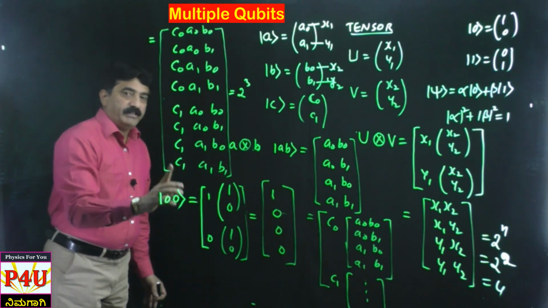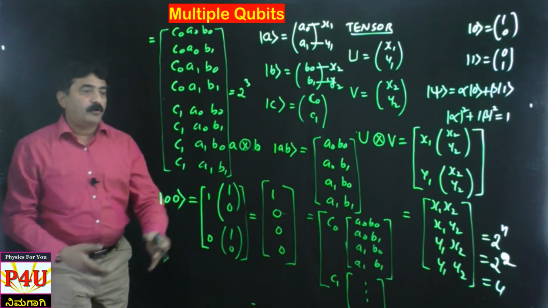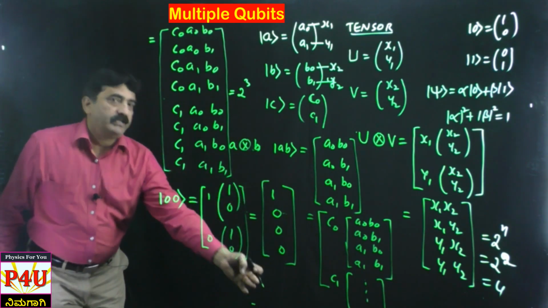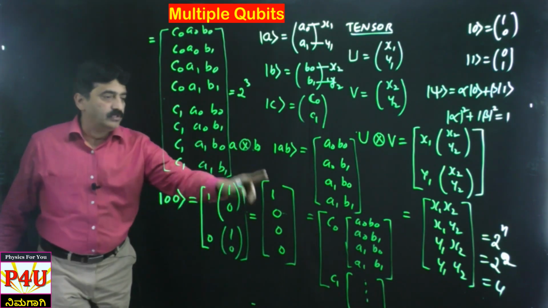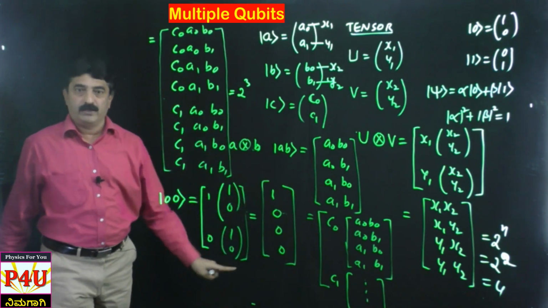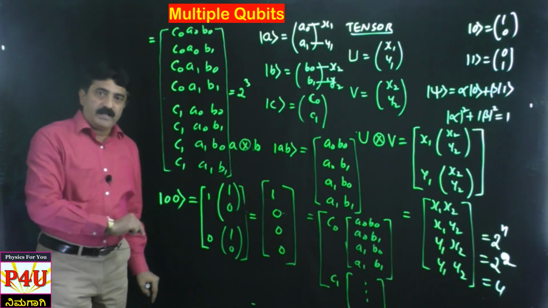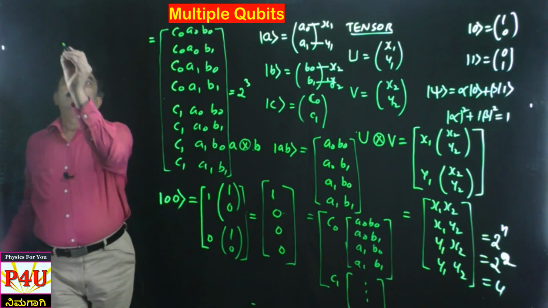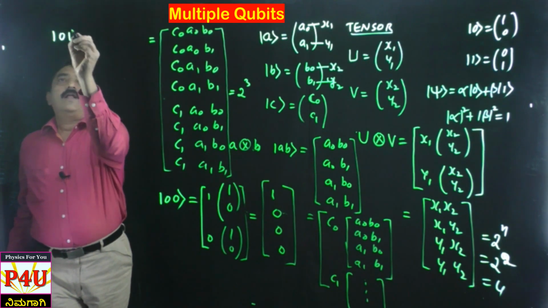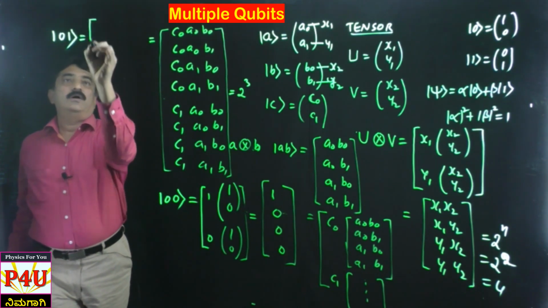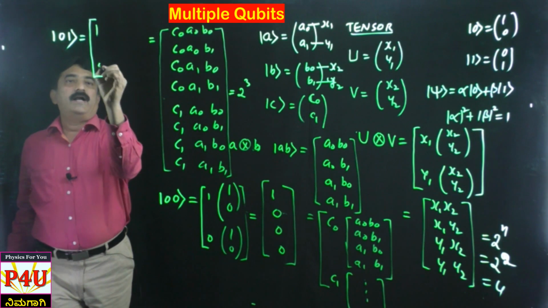That means 0 0, when 2 0 qubits interact, you are going to generate this column vector. When they interact using tensor product, I can show that this column vector will have 4 elements, out of which only the first member is 1, remaining are zeros. Clear? Like this you try. Another one, which one? 0 1 state, that is 0, that is 1 0.